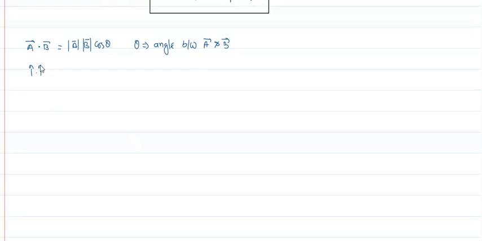So it only represents the direction, and the magnitude of these two vectors is 1. Suppose this shows the x-axis. Cap means unit vector, so the magnitude of this vector is 1 and the magnitude of this vector is 1.